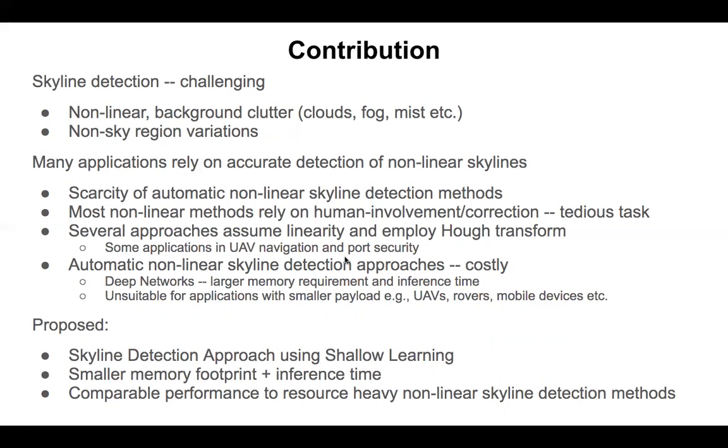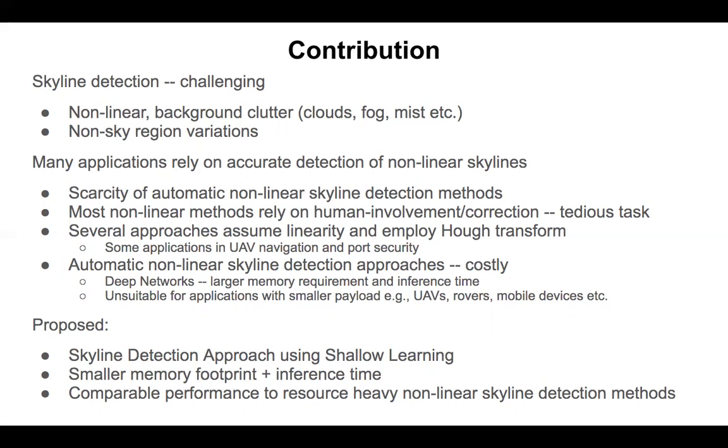However, for mountainous imagery, the skyline is mostly non-linear, and it is challenging to detect because there could be a lot of natural factors involved. For example, there could be clouds, fog, or mist, as well as regions which are occluded because of these. So in earlier approaches, there has been human involvement. The algorithm relies on a human to correct at least part of the skyline.